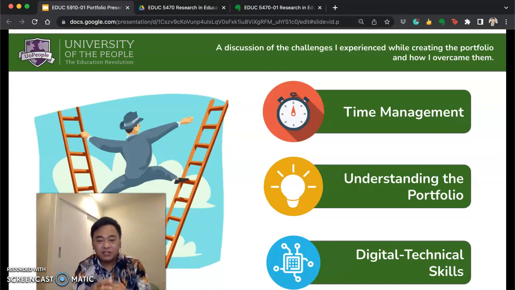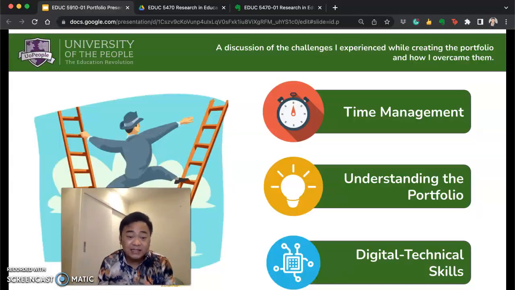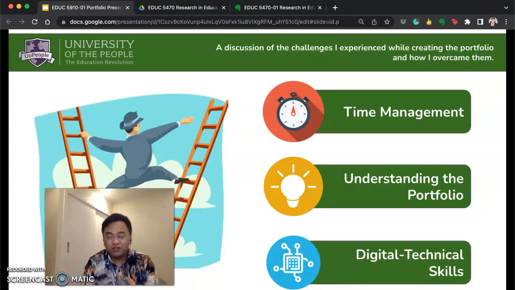And also, in terms of understanding the portfolio, I find it very helpful having lots of friends during the group project who helped me to understand, who gave me pieces of advice, strategies, tips on how this portfolio actually works.